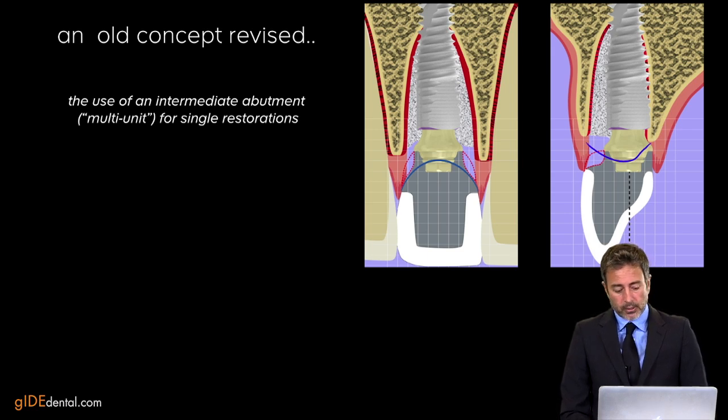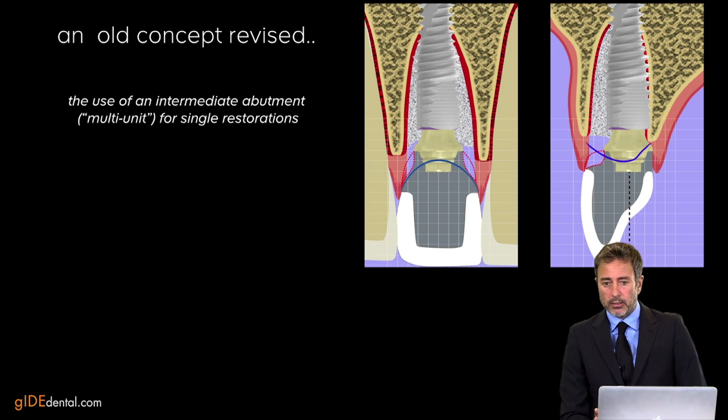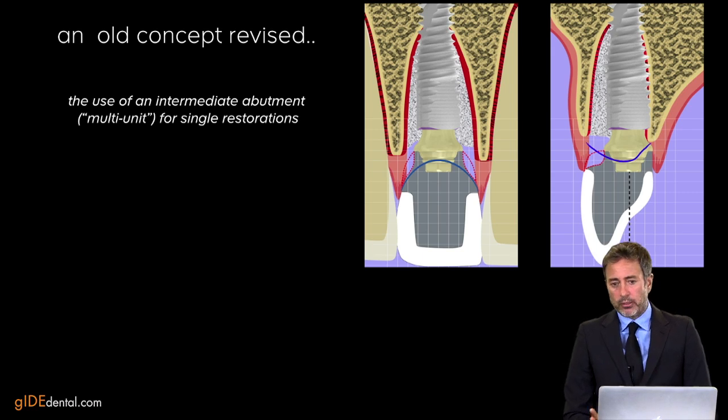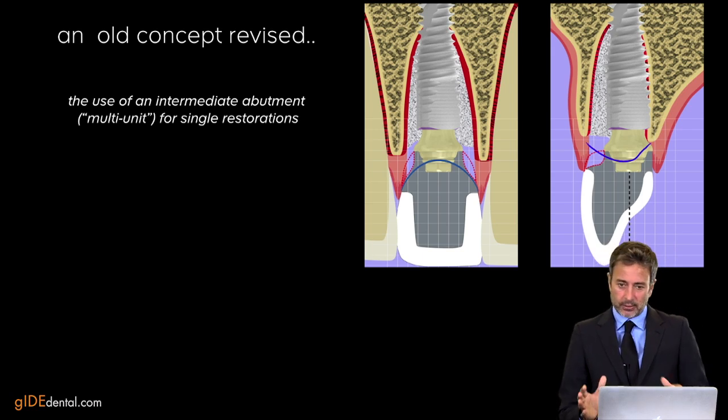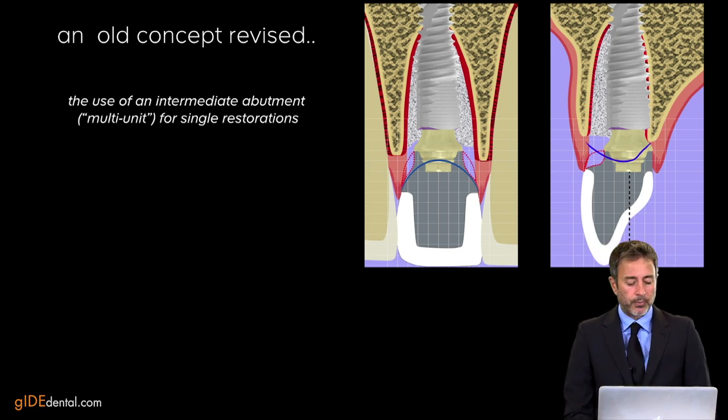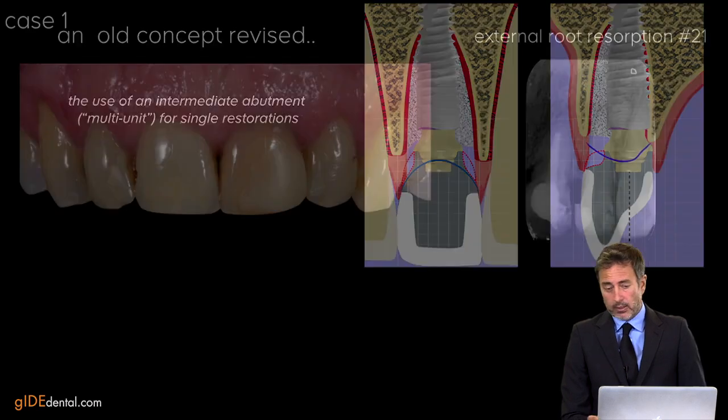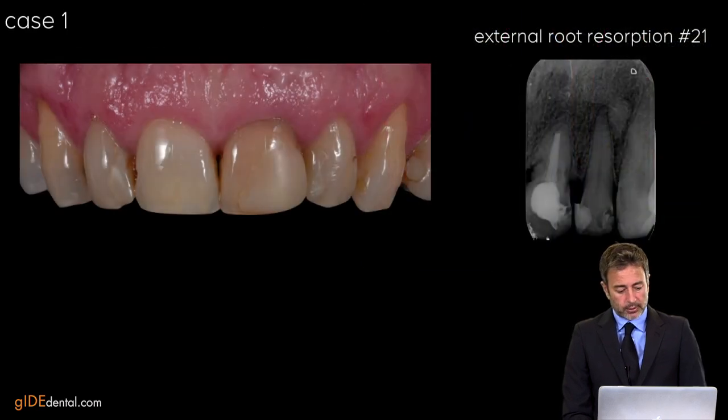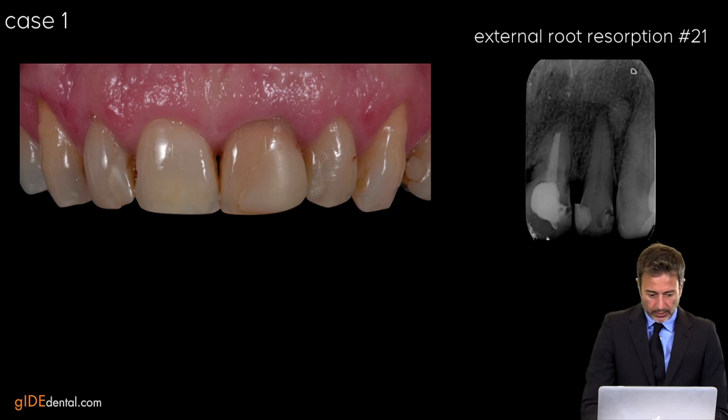The concept is that we use an intermediate abutment, the so-called multi-unit abutment, but multi-unit is actually not the right word to use, because we are using the same concept for single implant restorations. And we immediately connect this abutment one time. So I'm going to show you this in a few cases.